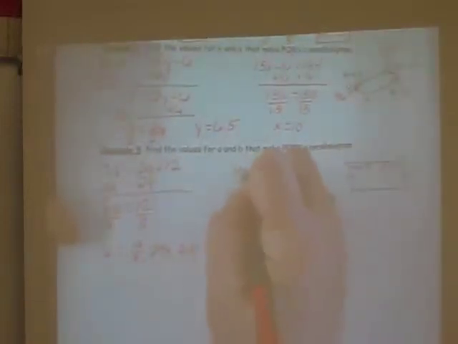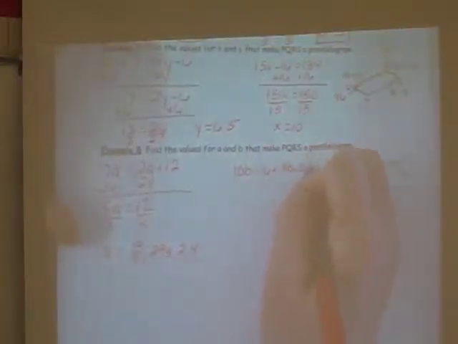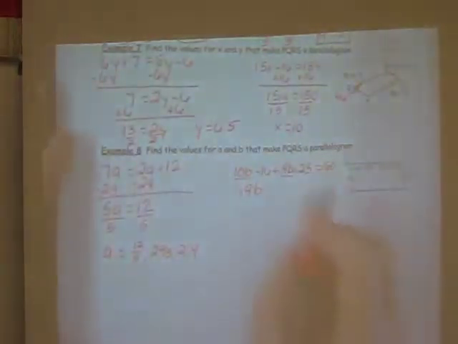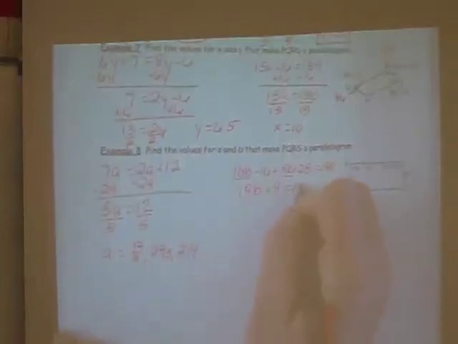For the B value, we're looking at these two angles, and those angles are not congruent. Those angles add to 180. So 10b minus 16 plus 9b plus 25 equals 180. 10b plus 9b is 19b. 25 minus 16 is a 9.